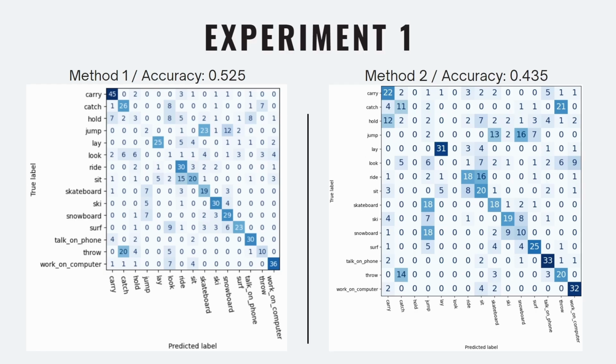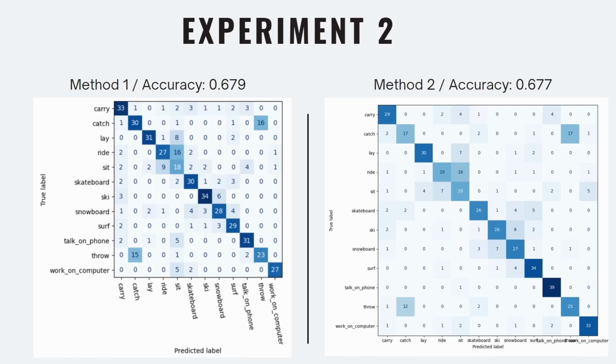After observing the dataset, we found that there are dependencies between the labels, like the action skateboard is all included in the action jump, and the action ride is included in the action sit. We want to remove the dependencies between the labels.